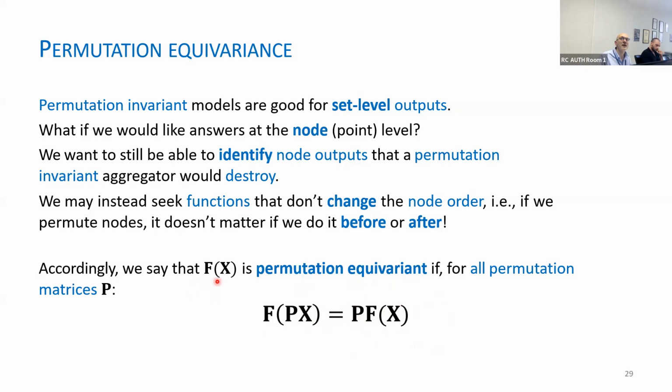A function that works in this way is called permutation equivariant, because it permutes in the same way as the permutation we apply to the input. We would like to have this kind of behavior when we want some output at the point level, because we want the answer for a given point to remain the same, independently of how we arrange the points.